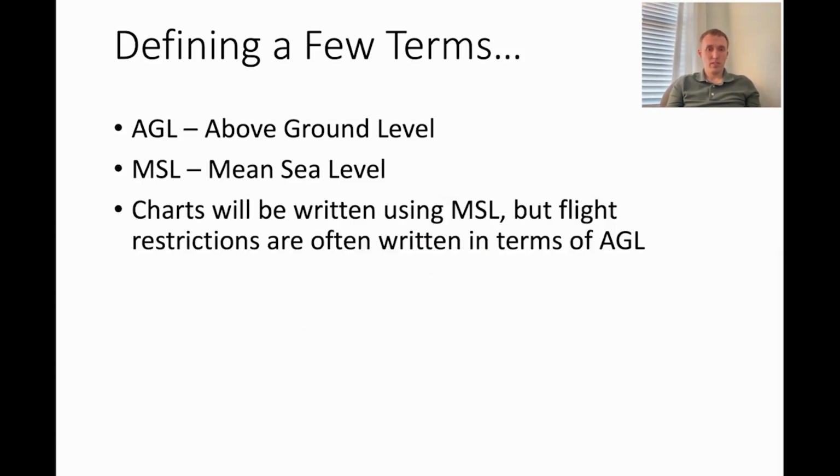Okay, so let's keep going here. Charts are going to be written using mean sea level, but the flight restrictions, for example for a drone, say you can't fly higher than 400 feet above ground level, AGL. You may have to do some math in your head on the fly when you're looking at these charts and trying to decide how high you're able to fly, but we'll talk more about how to do that as we go along.